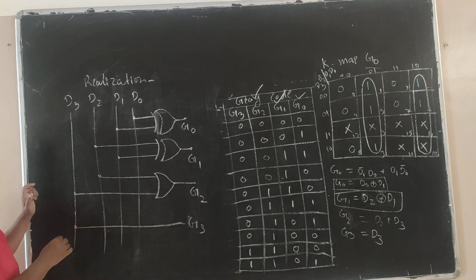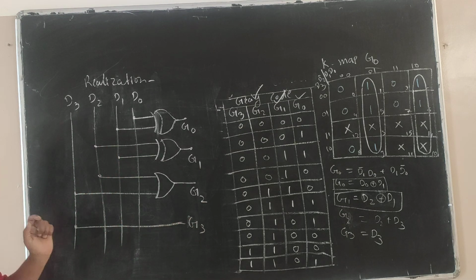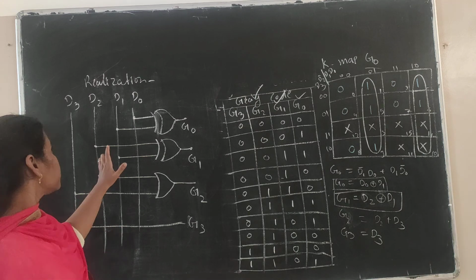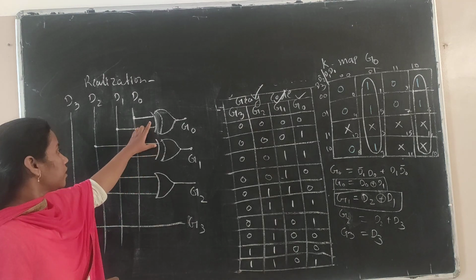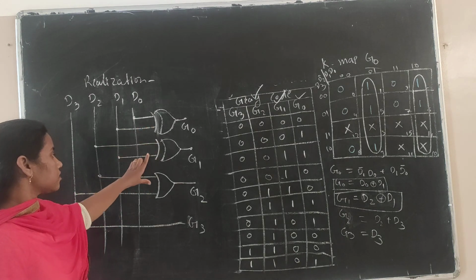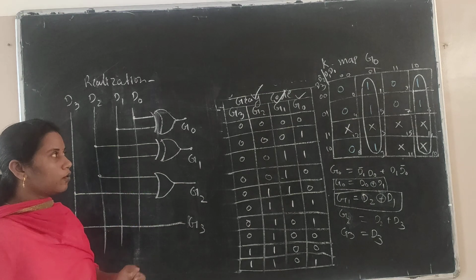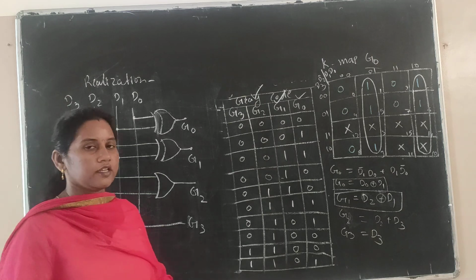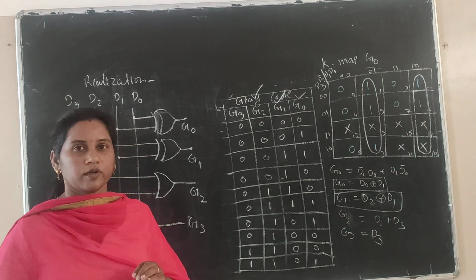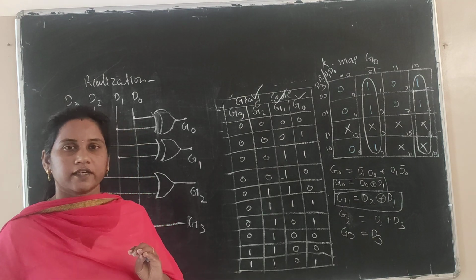Okay, this is the logic realization for the K-map. In this way, by using only two XOR gates and one OR gate, we can implement the code converter of BCD to gray code. Okay, yes, understand? Thank you. We'll stop.